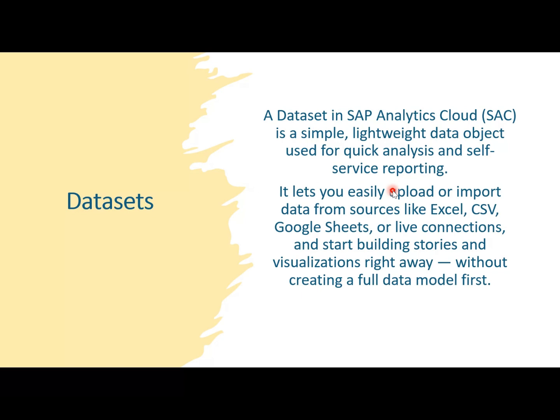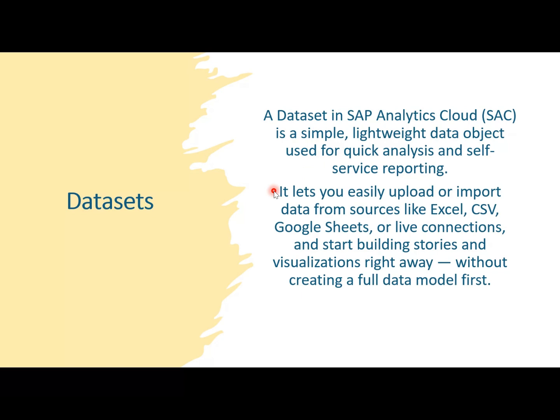Basically, if you have any sample data from any system, or you have any manual data existing on a local machine, and you don't want to do an extensive development, but you simply want to upload that data set and produce a quick SAC story. Then dataset is very helpful, because it doesn't take as much time as is required for the models.